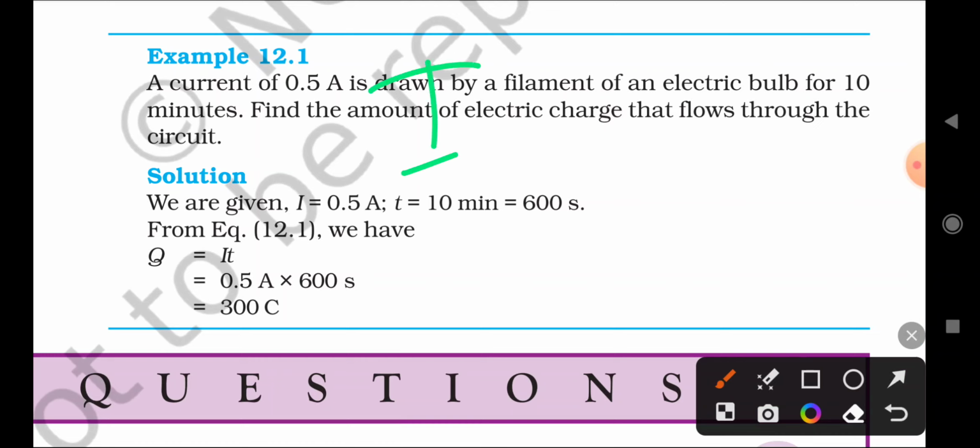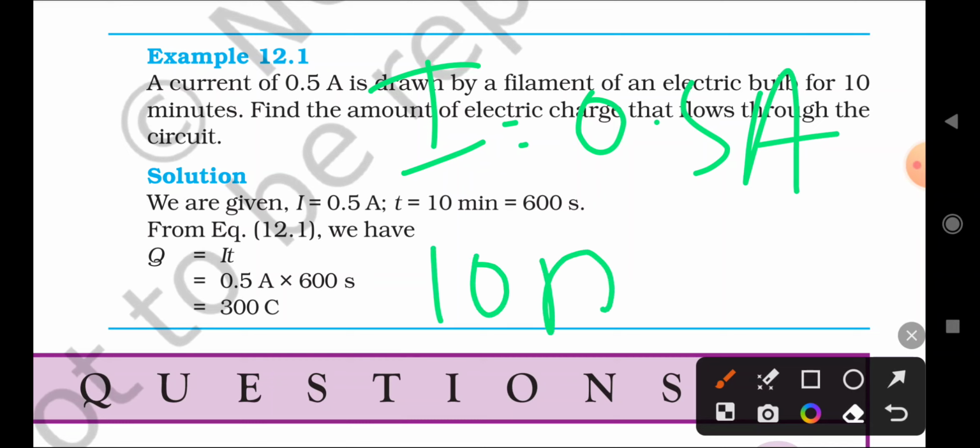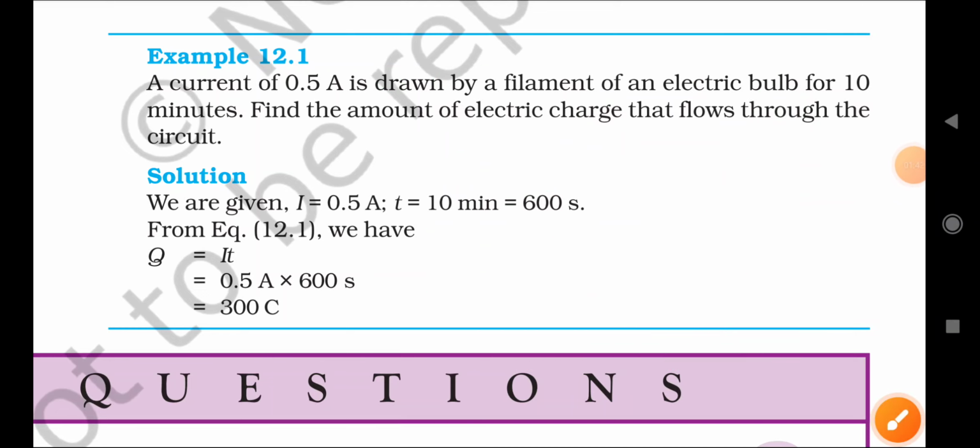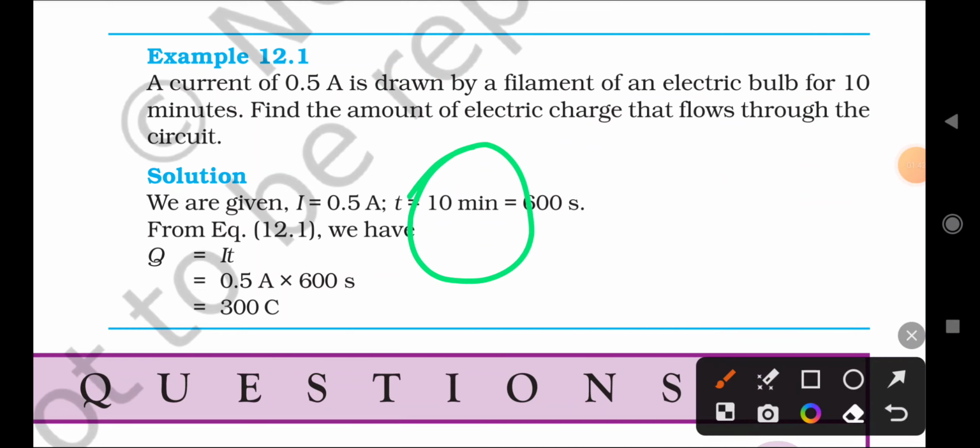Given current is 0.5 ampere, and time is 10 minutes. This 10 minutes can be converted into seconds. 1 minute contains 60 seconds, correct?